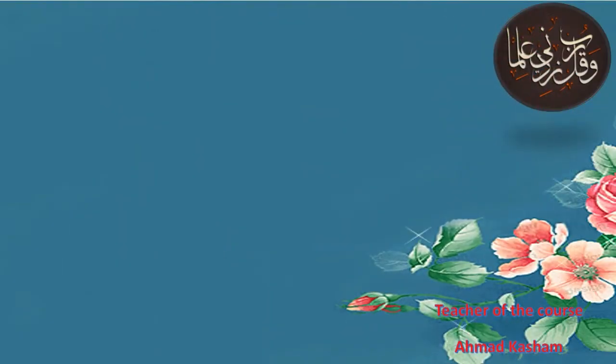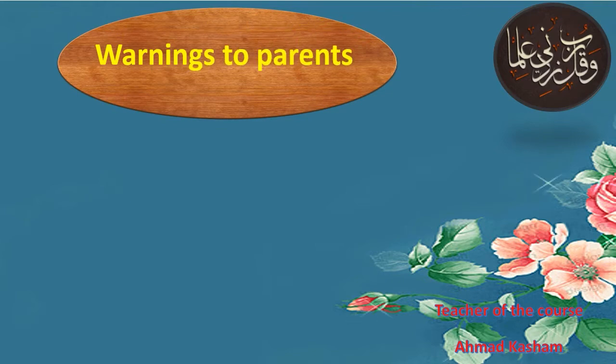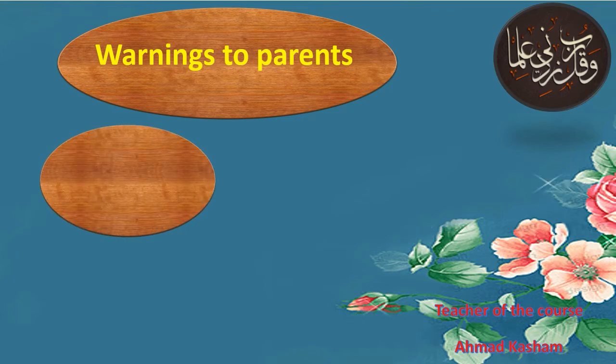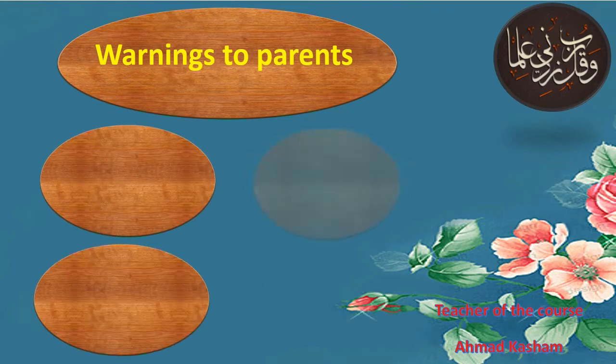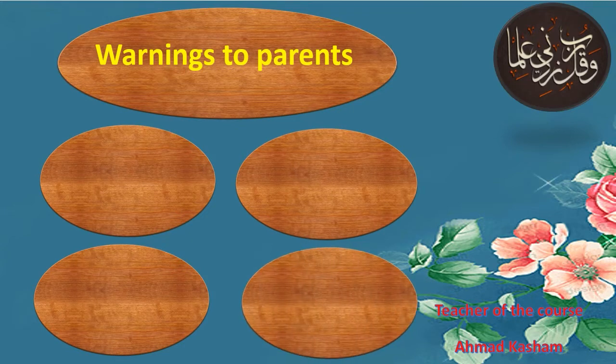So we start with the new vocabularies. In this lesson we don't have too many new vocabularies. We have only 4 new vocabularies and phrases. Now let's start with the first one.